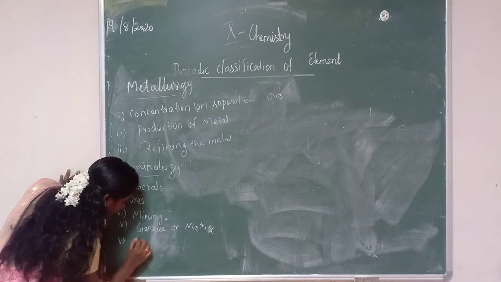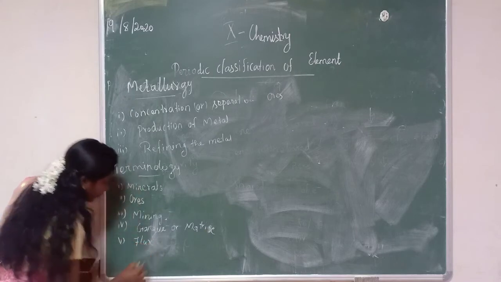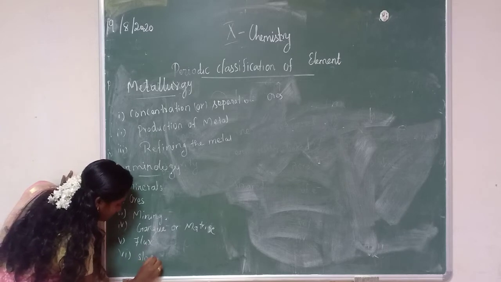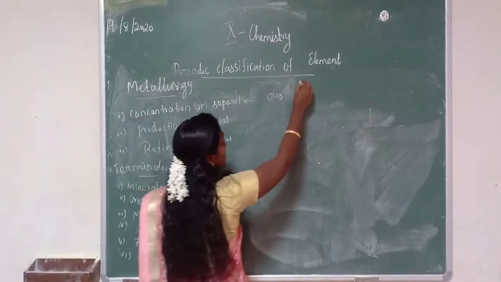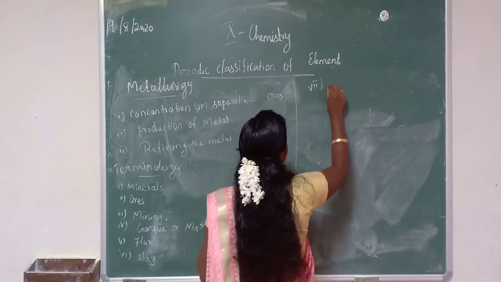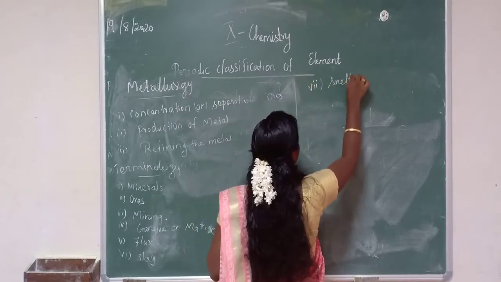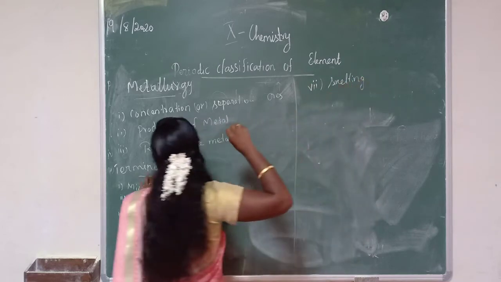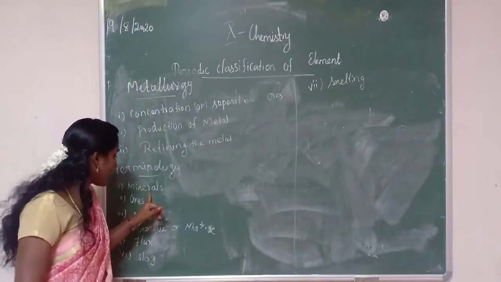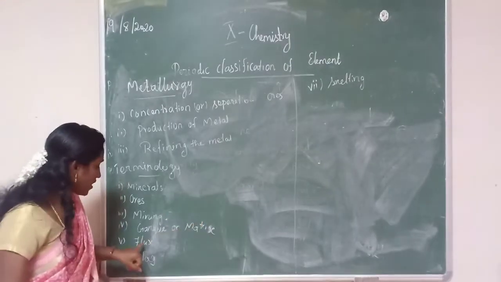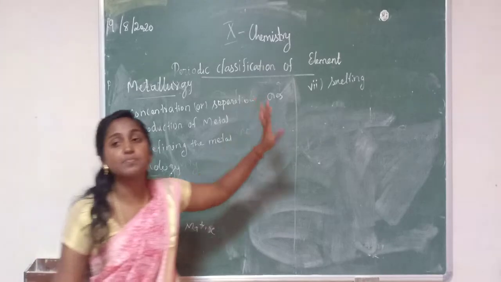Then fifth one, flux. Then sixth one, slag. Seventh one, smelting. So what are the terminologies in metallurgy? Minerals, ores, mining, gangue or matrix, flux, slag, smelting.